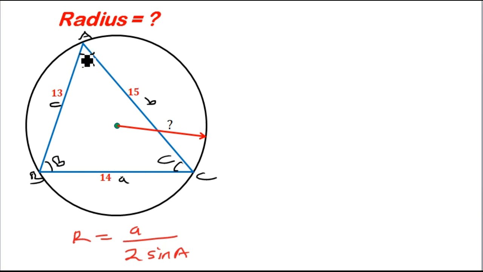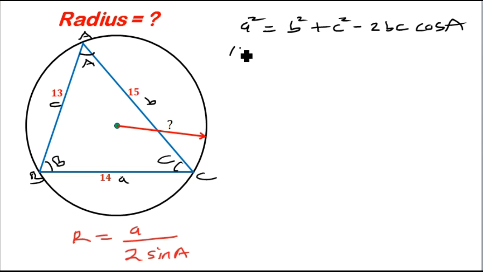Now if we want to use angle A, then we'll start with the side a squared equals b squared plus c squared minus 2bc cosine of angle A. Now, if you do the substitution, the side a is given to be 14.